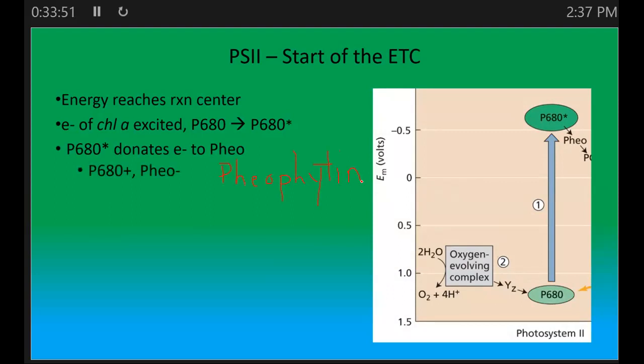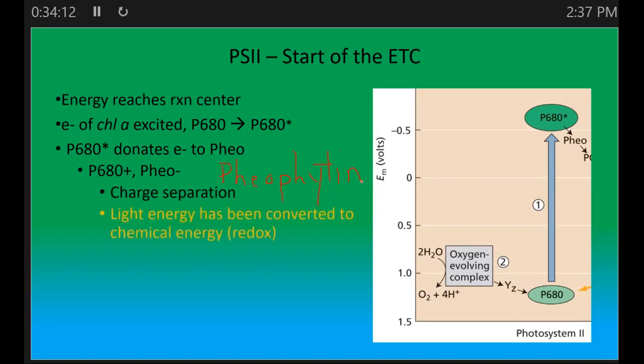Then you would write it like this. P680 lost an electron, so you write it as P680 plus to denote it's missing an electron. The pheophytin gained an electron, so you give it the minus. When you see it written that way, it's referred to as a charge separation because now you have a positive and a negative. This is the step where you can point to it and say, yep, this is where we see light energy being converted to chemical energy in the form of a redox reaction.